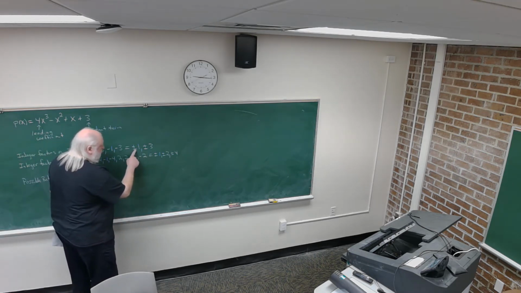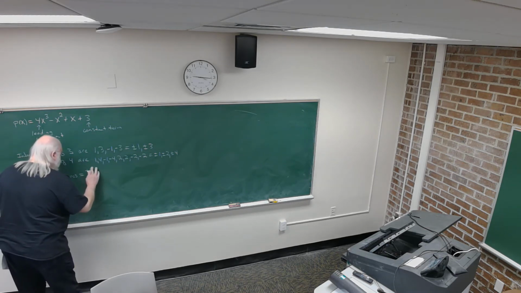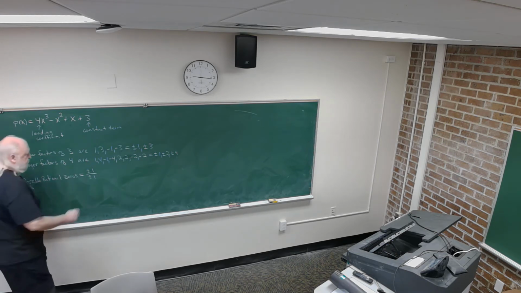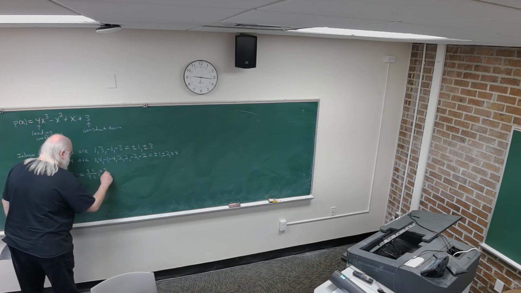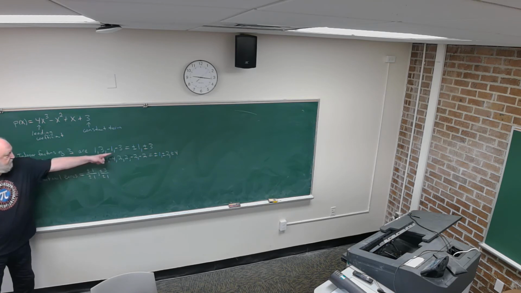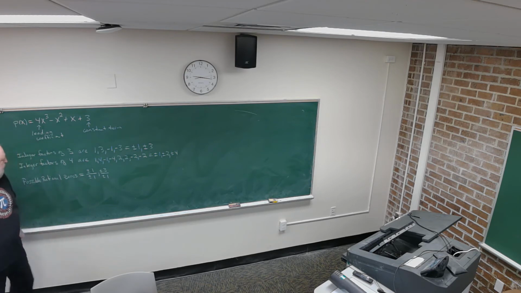So we're going to divide plus and minus 1 and plus and minus 3 up here by plus and minus 1. We have plus and minus 1 over plus and minus 1. And then we have plus and minus 3 divided by plus and minus 1. So I divided the integer factors of 3 by this first pair of integer factors of the leading coefficient, plus and minus 1.